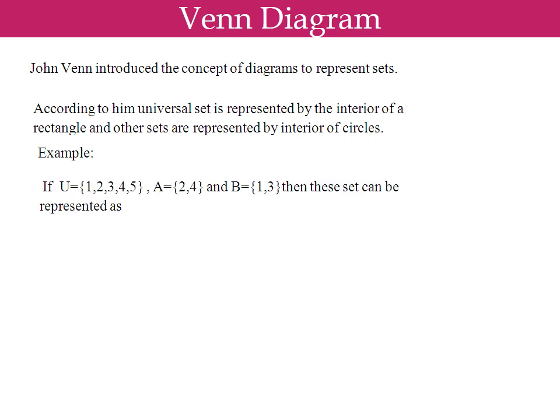For example, if U is equal to 1, 2, 3, 4, 5 and A is 2, 4, B is 1, 3, then this can be represented in a Venn diagram like this one. So the rectangle is called the universal set. The remaining circles indicate those values.